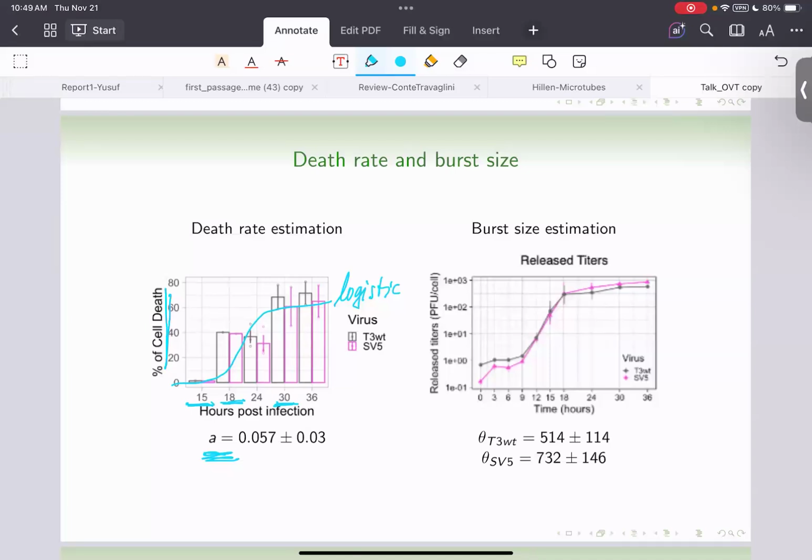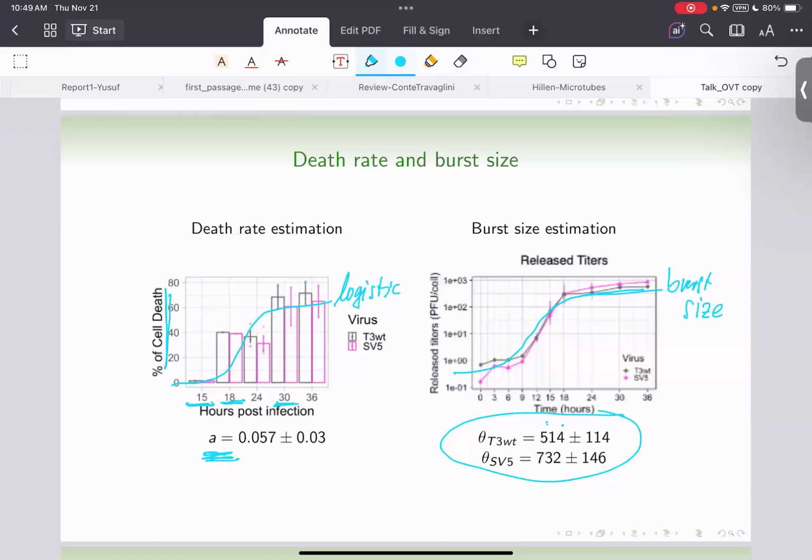And what is this? The burst size. The burst size measures how many virus particles you get if the cell bursts. And here we also fit a logistic curve. And then this level is the burst size, so the saturation level of this curve. And then here are values for the burst sizes. Here is interesting, if you look at this closer, that the confidence intervals overlap.